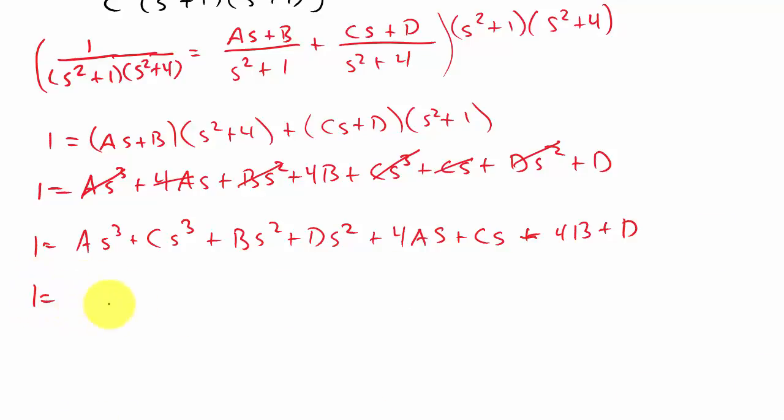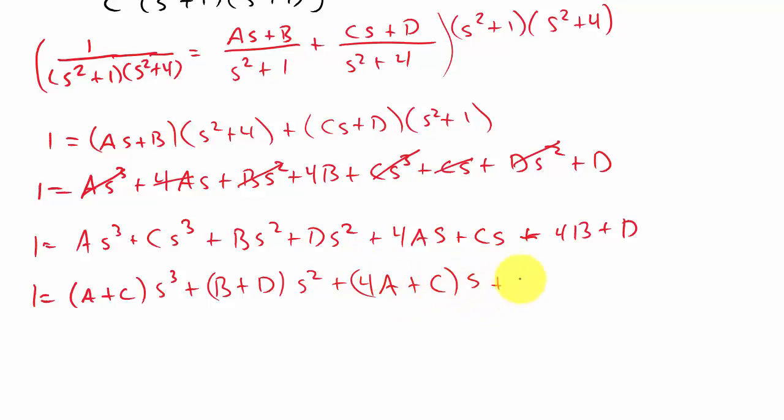Okay. And then here I have 1 equals, and then I'm going to factor out s cubed. And so I have a plus c times s cubed plus b plus d times s squared plus 4a plus c times s plus 4b plus d.